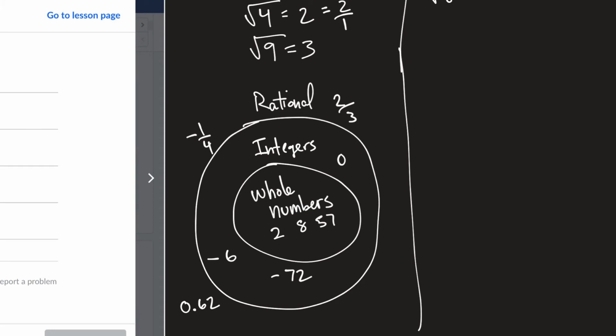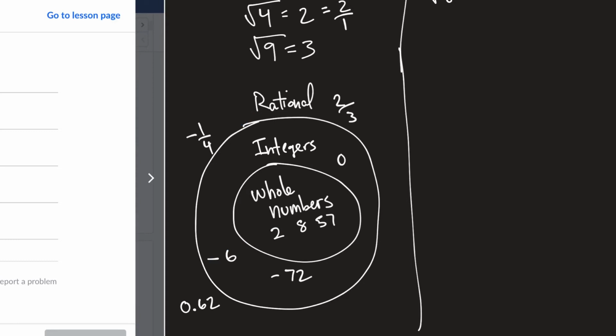So if we have a whole number, it also is an integer, and that's also a rational number. If you have an integer, it might not be a whole number. Like negative 6 is an integer, not a whole number, but it is still a rational number.